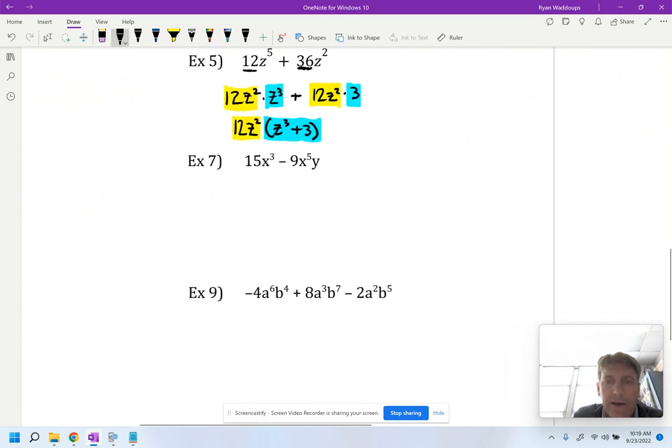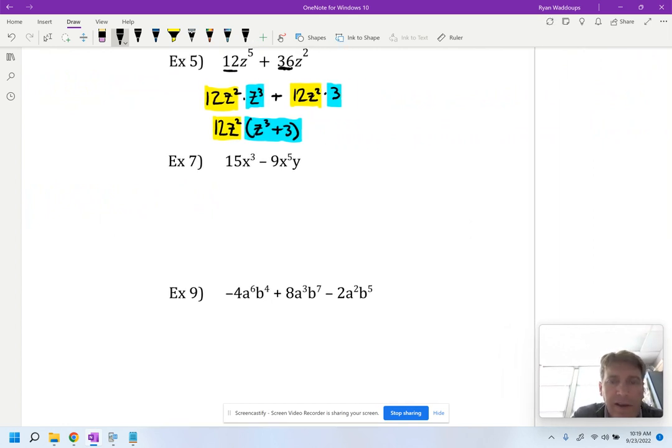All right, 15x cubed minus 9x to the 5th y. And here, I know that 15 is 3 times 5 and 9 is 3 times 3, so they have a 3 in common. And they both have at least 3 x's, so x to the 3rd power. And I think that's it.